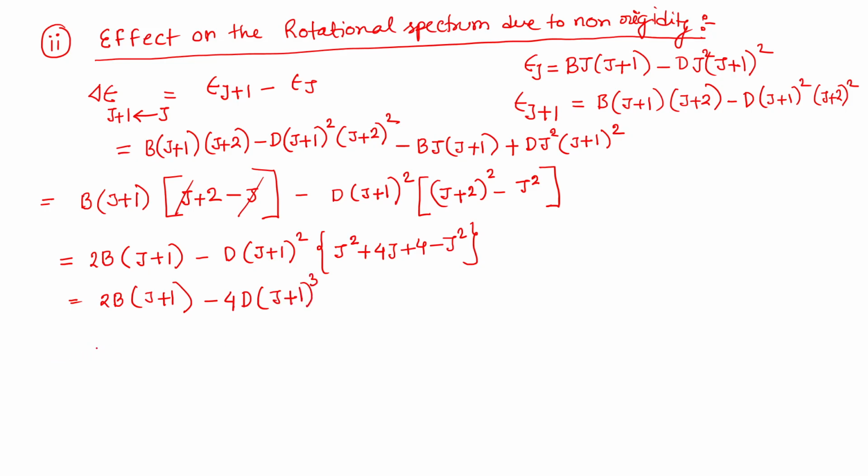And what about for rigid rotor? Your delta Ej gap is only 2B into J plus 1, right?